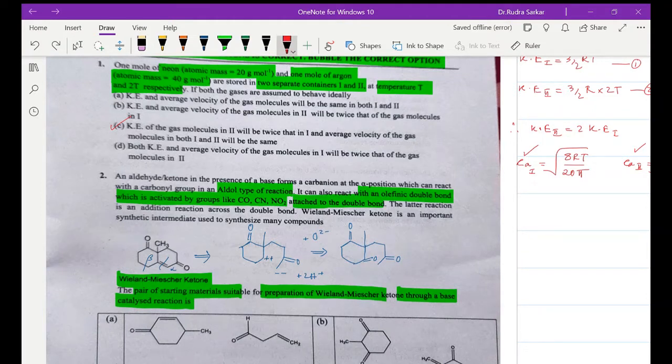So we number them out as 1, 2, 3, 4 and 5, or we can do the reverse also, something like this. So this is the methyl and that is the O. So I'm numbering from 1, 2, 3, 4, 5.